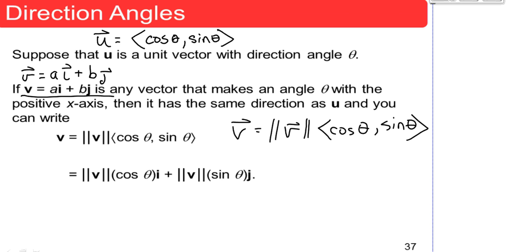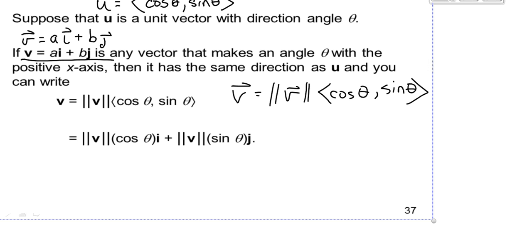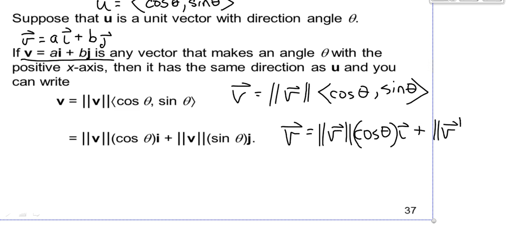And that is the component version. And then the linear combination version is that vector v is the magnitude of v cosine theta times i plus the magnitude of v times the sine theta times j.